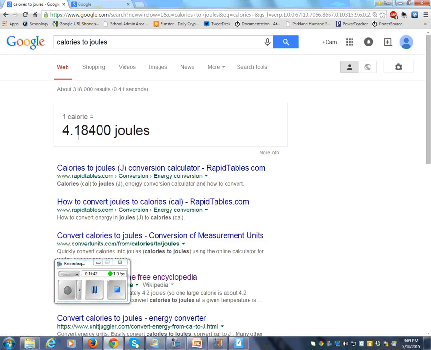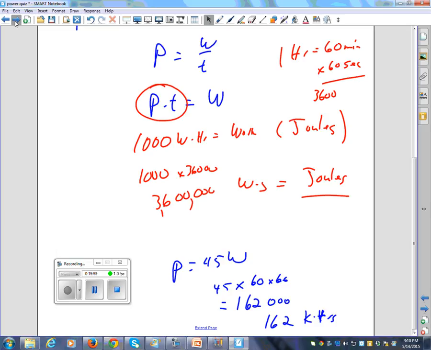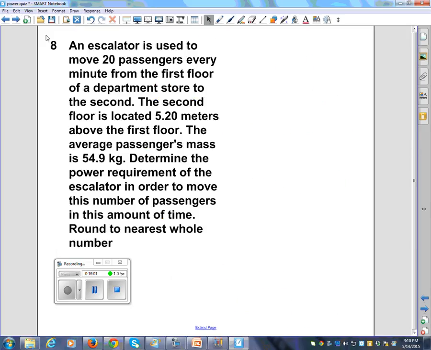Nerd alert. Well done, I'm proud of you. On a scale of 1 to 10, you're about a 6 Bennett's. There's my unit, the nerd unit. I'm going to have a unit named after me? Degree of nerdness.